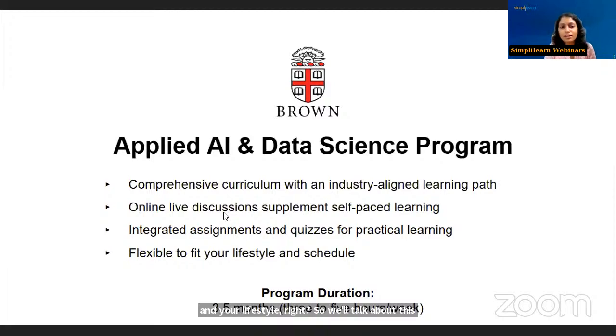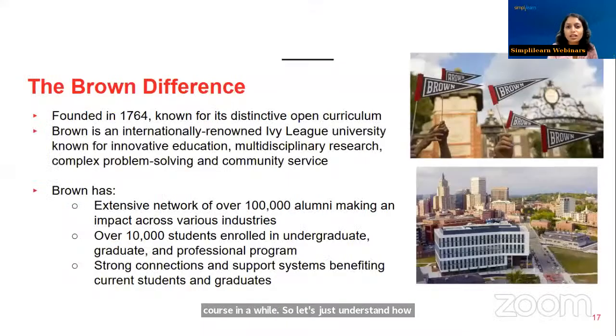So let's understand how Brown is really involved in shaping the course. Jonathan, if you can take them through this partnership. Those who don't know, Brown University is an Ivy League school based in Rhode Island.